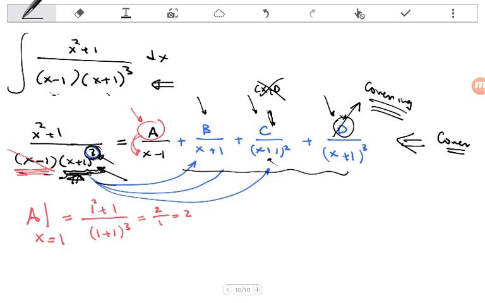So I just look for the term which has the same expression for the bracket, which here will be D. Why? Because I need to cover the exact expression. I don't have here the exact expression for x plus 1, or to the power 2.